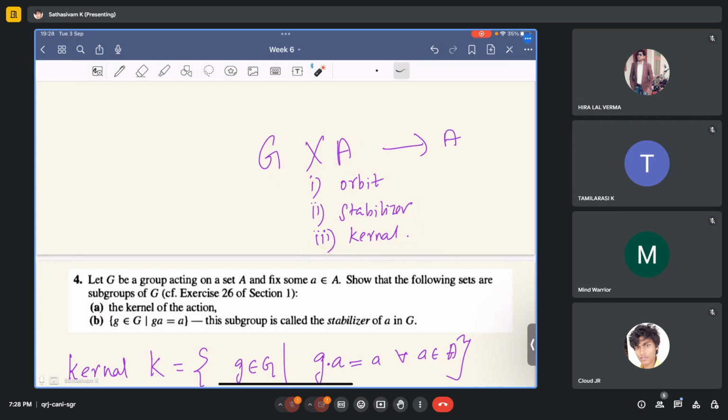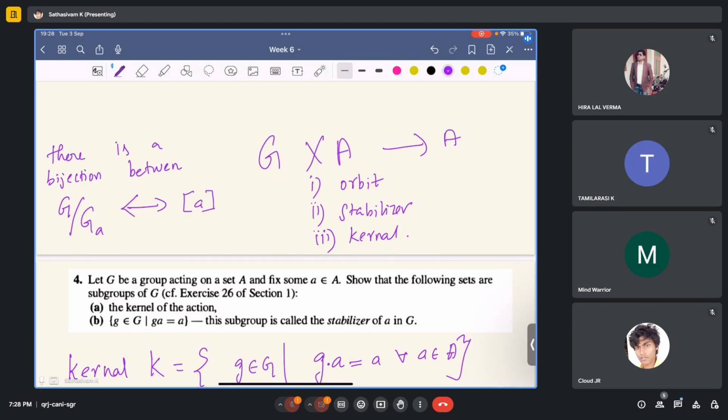Okay, so since we have done these things, I will just state the orbit stabilizer theorem, but we are not going to prove it here. Probably we will do it in the class. What the orbit stabilizer theorem says is the following: there is a bijection between G by the stabilizer of a, which I will call G/G_A, where G_A is the stabilizer of a, and the orbit of a.